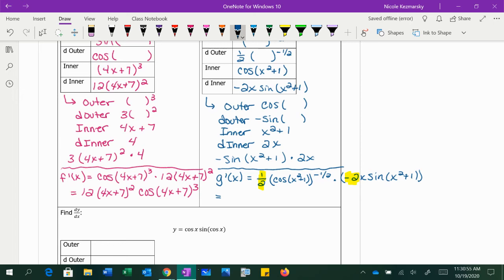So I'm just going to be left with negative x sine of x squared plus 1, and then over cosine of x squared plus 1 to the negative 1/2. Whoops, I'm sorry. I was worried about the parenthesis. It will be a positive 1/2 because we moved it to the bottom.